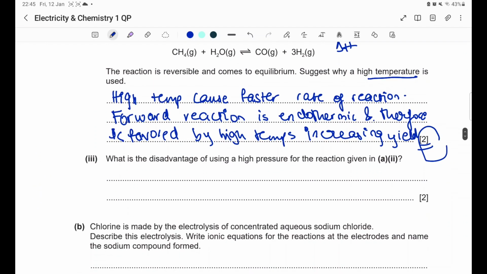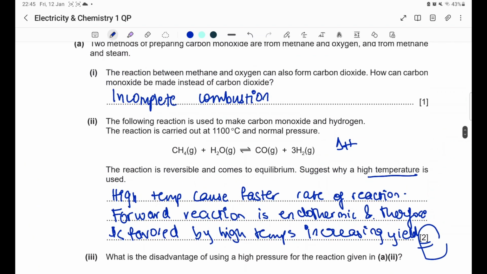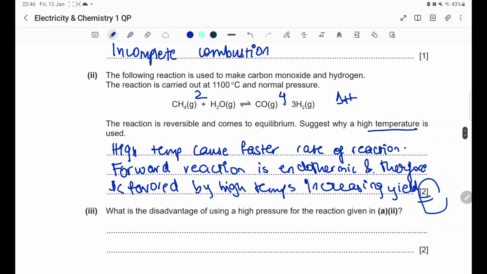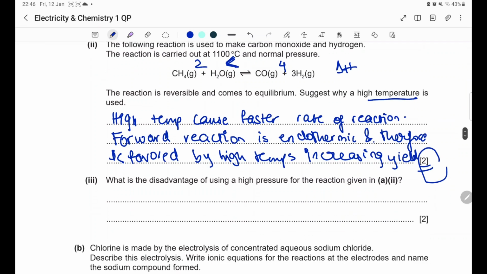What is the disadvantage of using high pressure for the reaction given in part 2? So let's look at the number of moles on each side. We have 2 here and we have 4 here. An increase in pressure favors the side with the smaller number of moles. It's going to move to that side. Therefore, your yield, the amount of product, is going to decrease.